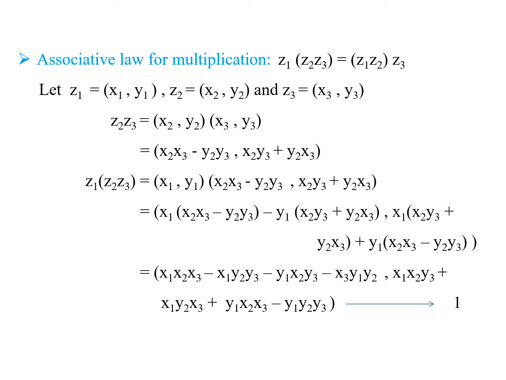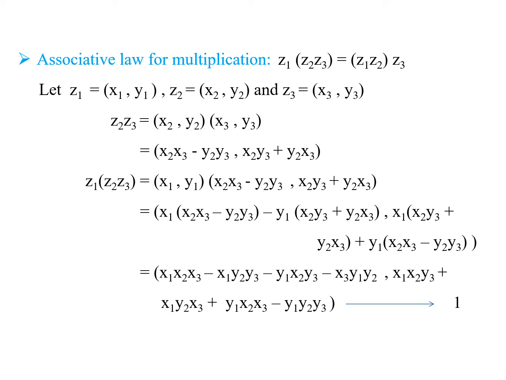The next one, associative law for multiplication. So again we take three complex numbers z1, z2 and z3. So now we first find z2 and z3: we multiply two complex numbers, and we will get x2 x3 minus y2 y3 comma x2 y3 plus y2 x3, and we multiply this result into z1, that is, the ordered pair x1 comma y1 into the ordered pair x2 x3 minus y2 y3 comma x2 y3 plus y2 x3.